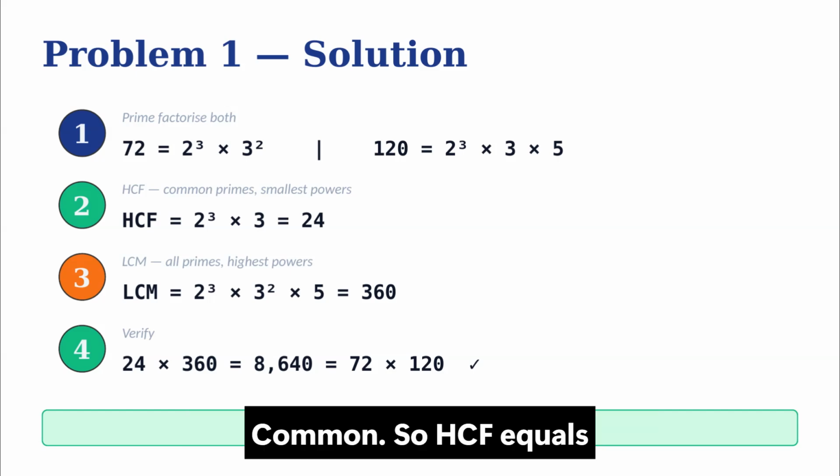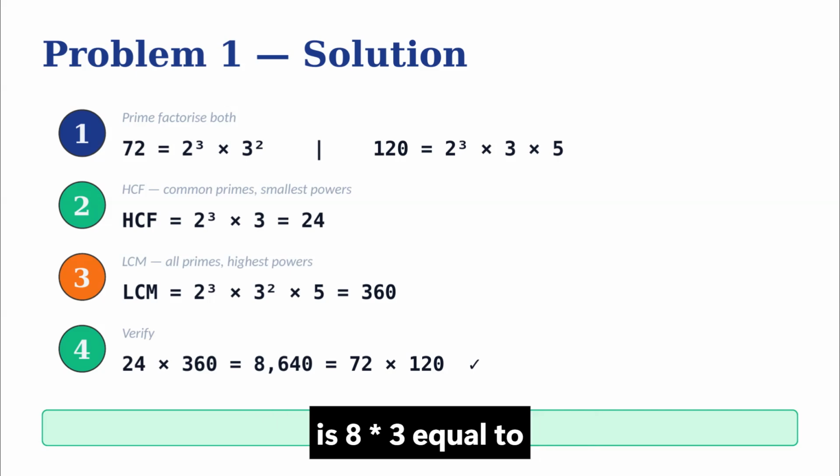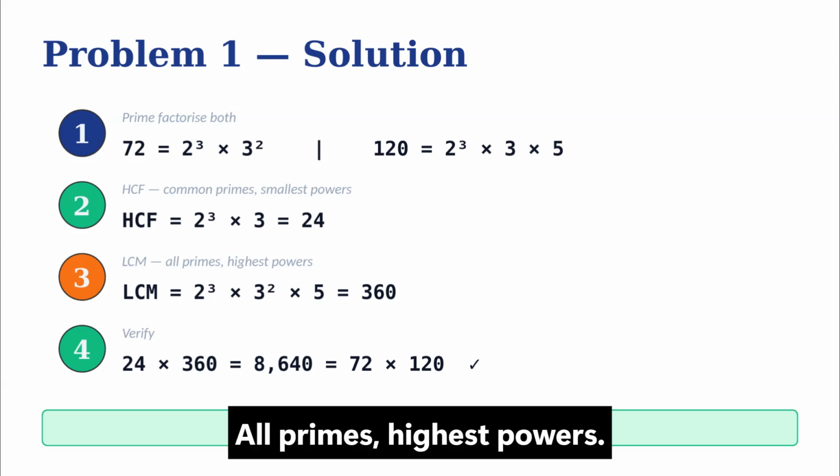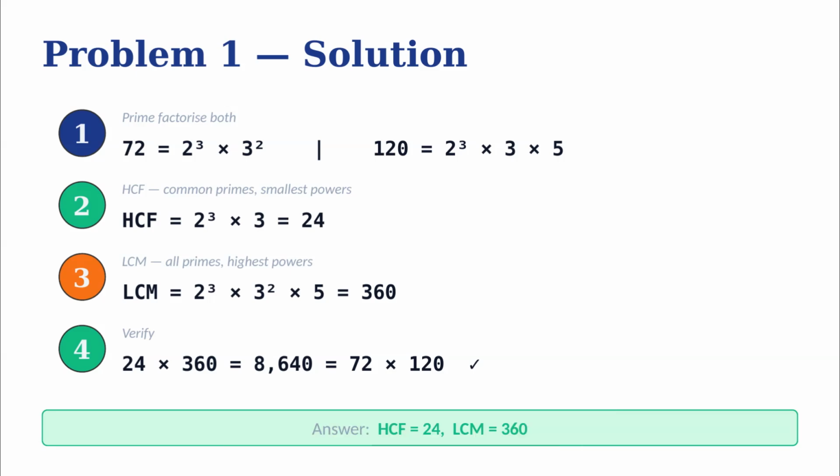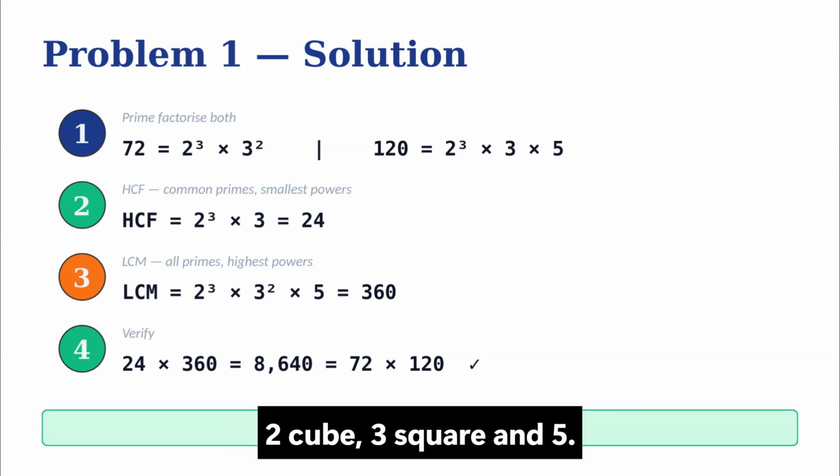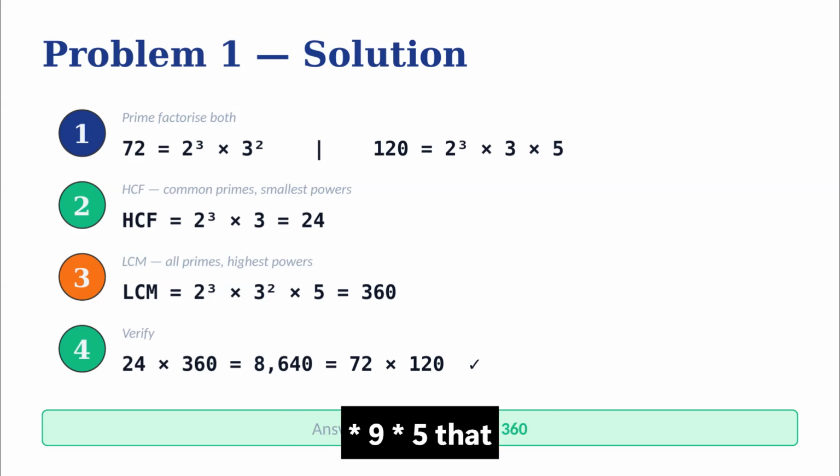So HCF equals 2 cube times 3, that is 8 times 3 equals 24. Step 3. LCM. All primes, highest powers. 2 cube, 3 square, and 5. So LCM equals 8 times 9 times 5, that is 360.